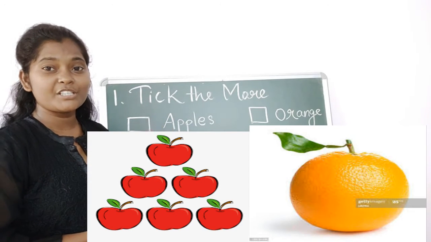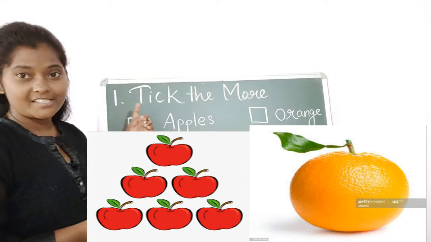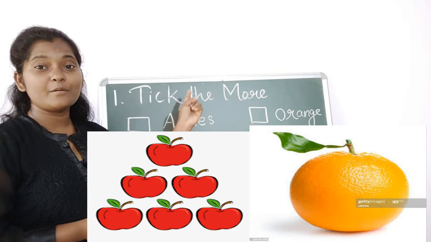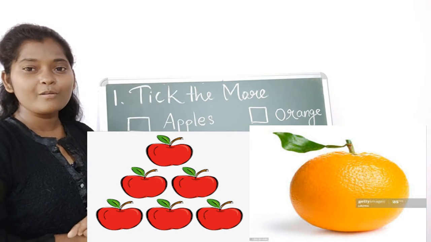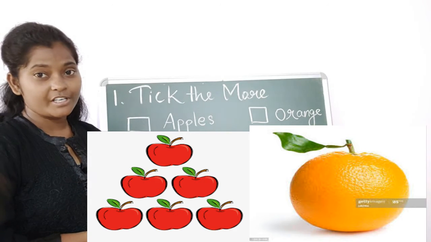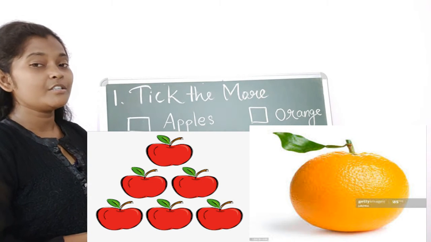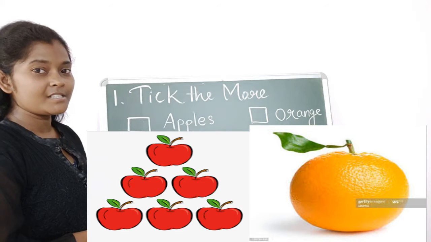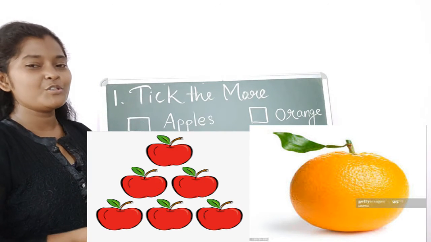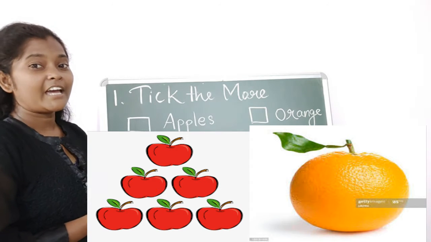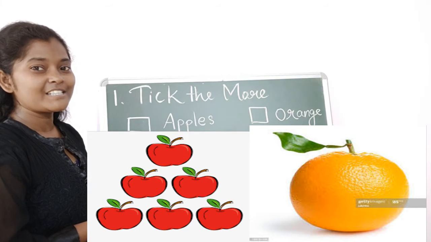Students, the question for your activity exercise is: tick the more. Yes, here we have pictures of apples and oranges. Now children, you have to count the apples and the quantity of oranges also. Observe carefully and count the apples.